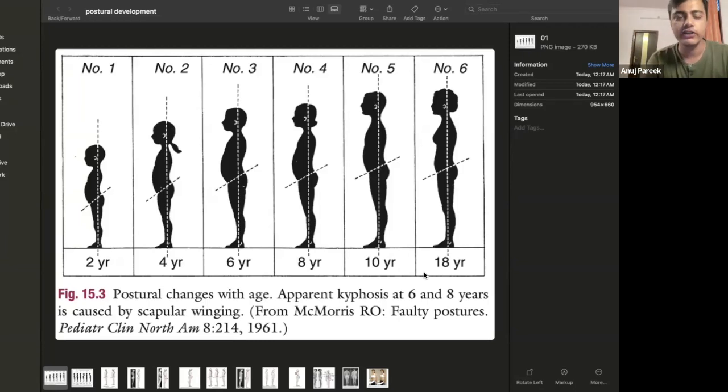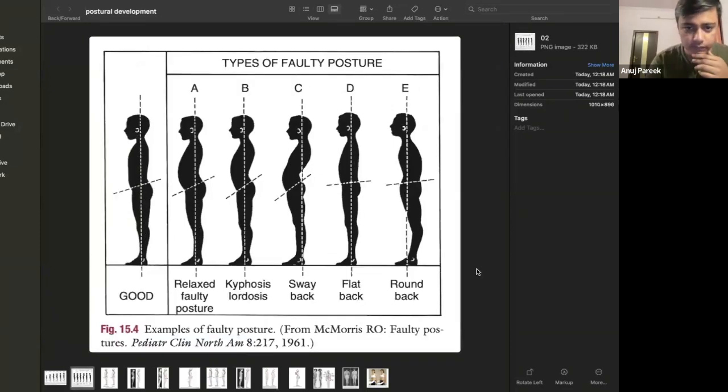But overall, whether you teach or not, by the age of 18 they develop enough muscles to improve. So this is the history of our body, why we are here right now, where we are. And this will teach you a lot of things, and tell you what you wanted to learn. If you see the next picture, these are the types of faulty posture. And today we will learn about the faulty postures.